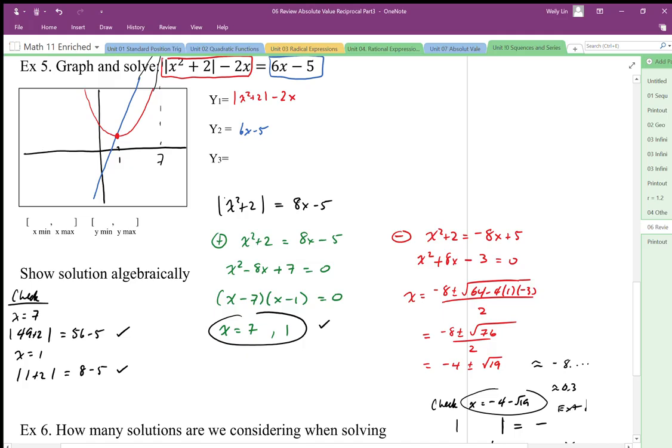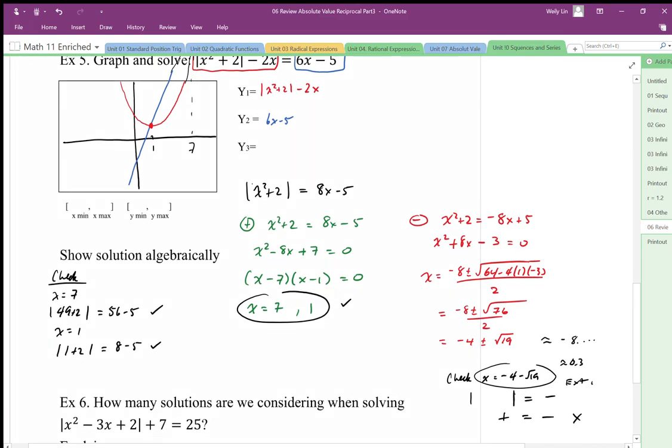Whether we do analysis and we eliminate the negative version because of this fact that this is always positive, that's perfectly fine. Our last resort, but it is the most reliable, but it is the most work, is to check our solutions, right? To solve for everything and test every solution. That's very reliable, but can be time consuming. So if we can avoid that by seeing some arguments here that x squared plus 2 is always positive, we actually do not need to consider this whole red solution here.